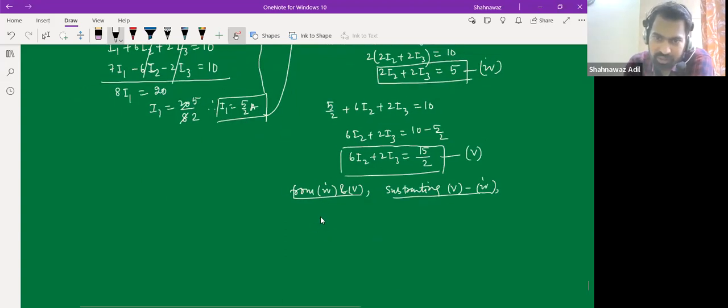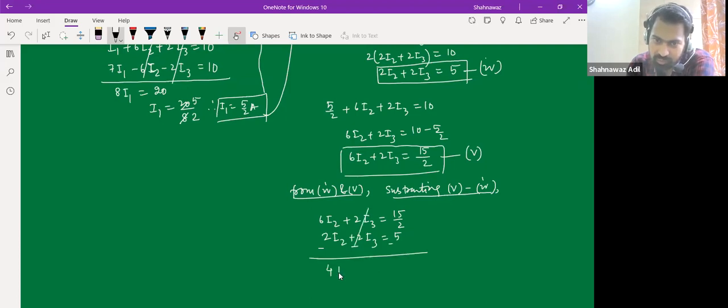This would be 6I2 plus 2I3 equals 15 by 2, and 2I2 plus 2I3 is equal to 5. So subtracting, the sign will change, this will get cancelled, and this is 4I2. And this is 15 by 2 minus 5.